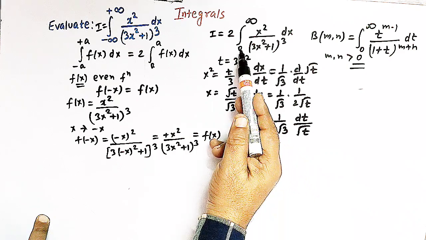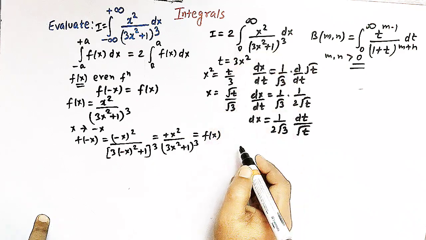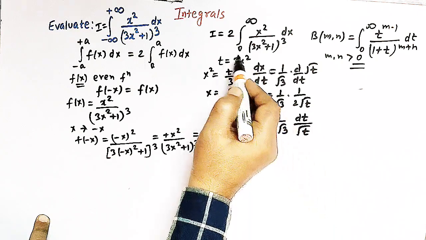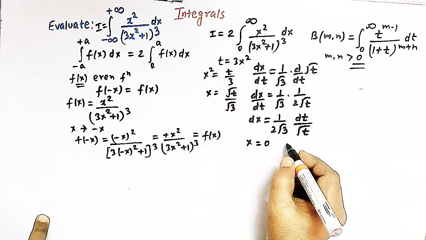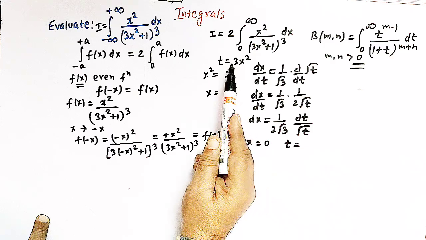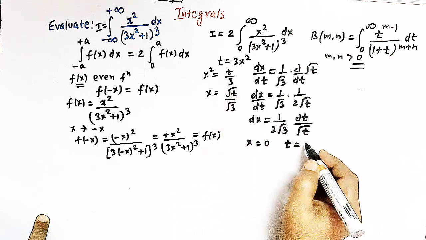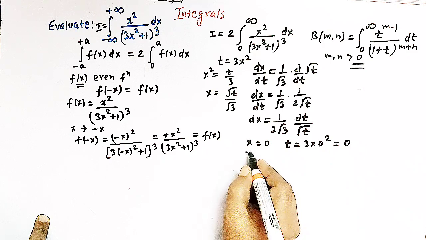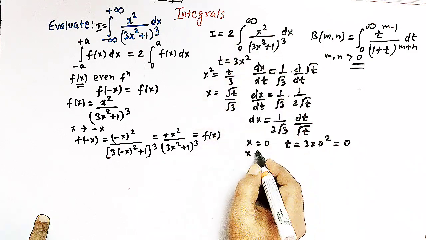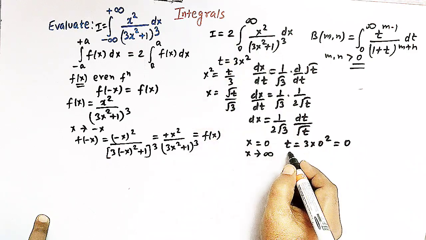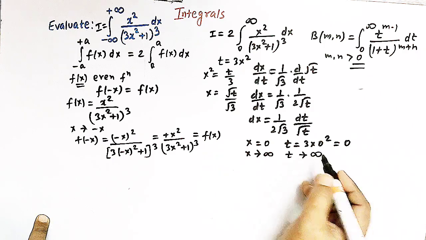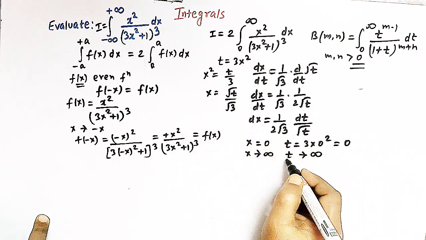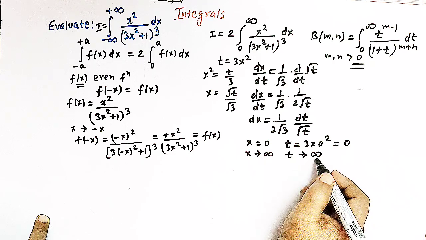Now here the limits of integration vary from 0 to infinity. So when x is equal to 0, which is the lower limit, the value of t can be obtained from this relation. So we have 3 times 0 square, that is 0. And when x tends to infinity, then t also tends to infinity, because here we have 3 times infinity square, that is also tending to infinity, right?